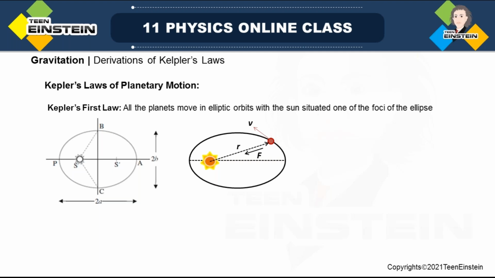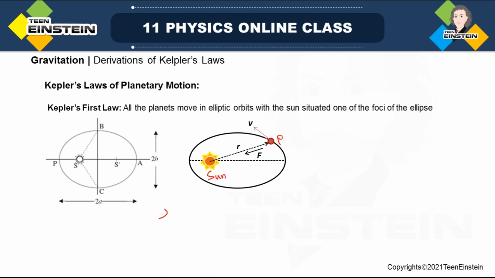So for that, let us take this figure and see. In this figure we have the sun here, and we have a planet which is revolving around the sun, and the sun is one of the foci of this elliptic orbit.